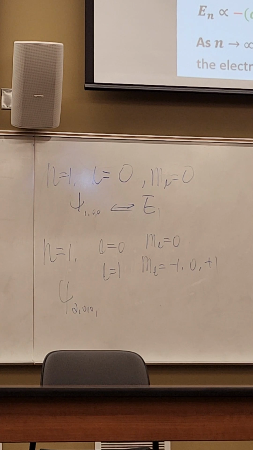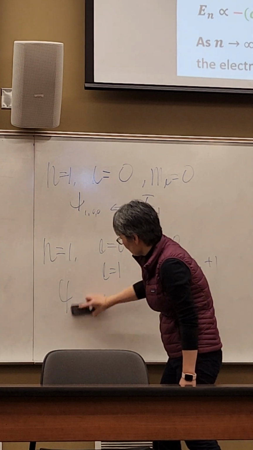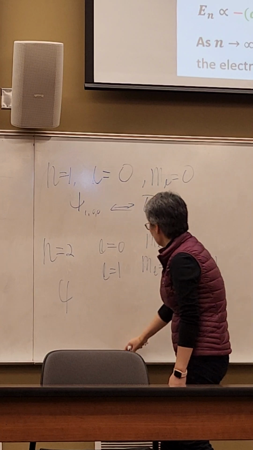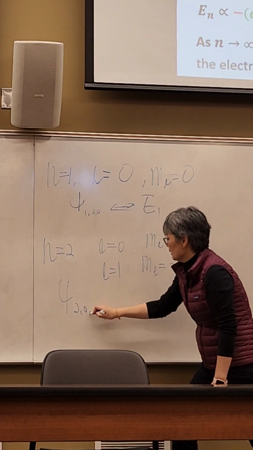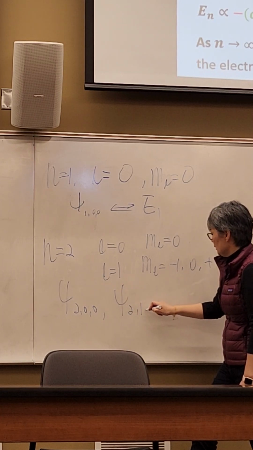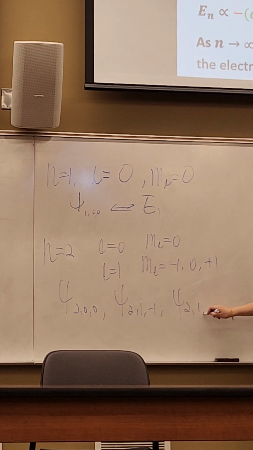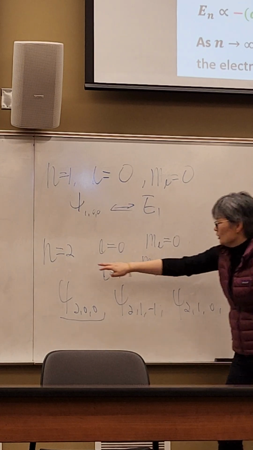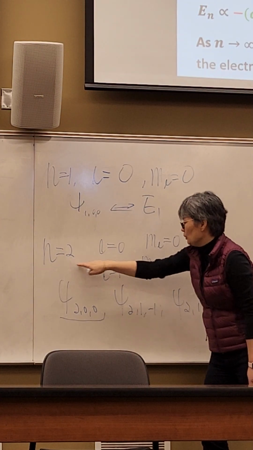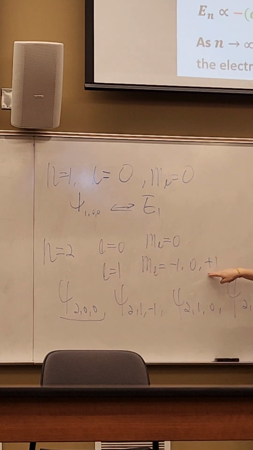Any questions on that? Let me write the quantum states: 2, 0, 0 corresponding to this. 2, 1, negative 1. 2, 1, 0. 2, 1, positive 1.